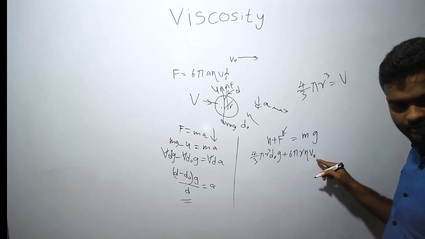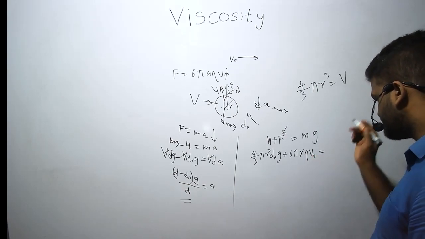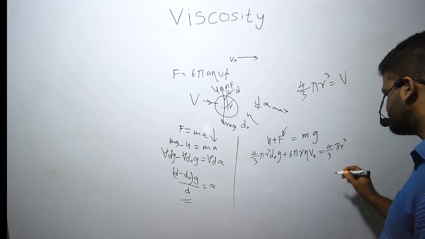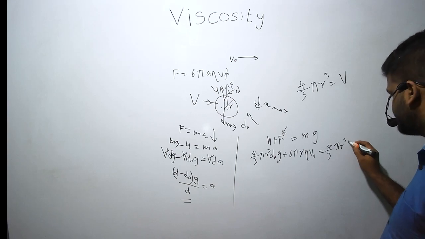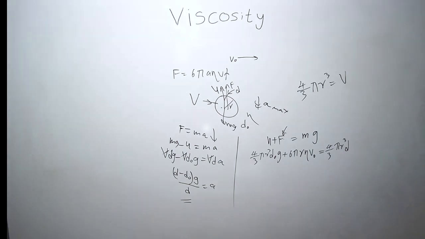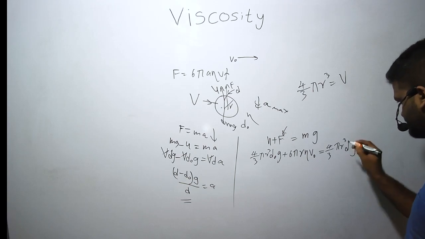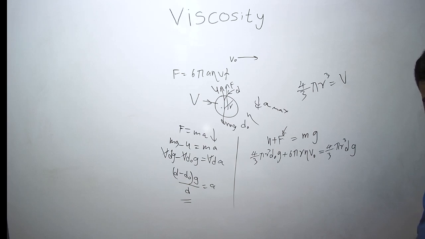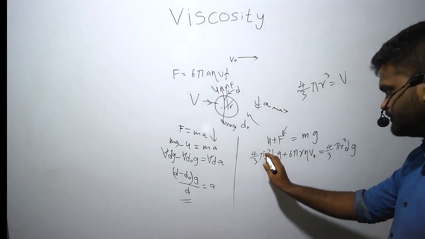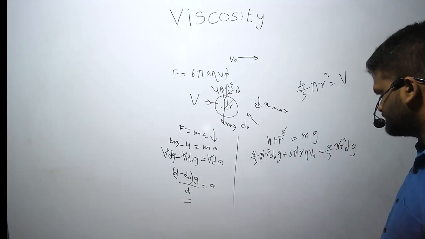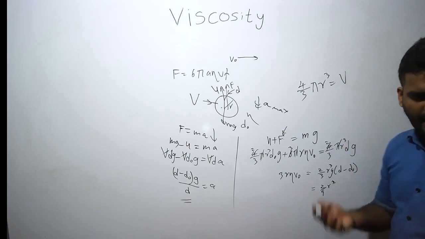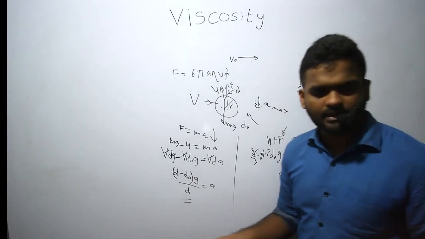Velocity is V naught, terminal velocity. Equals 4/3 pi r cube d, density of object, and g. You need to make V naught the subject, which becomes the terminal velocity. You have to carefully do the simplification, right? Because this is somewhat complicated. We get this standard equation, right? Yeah, second one is the answer.